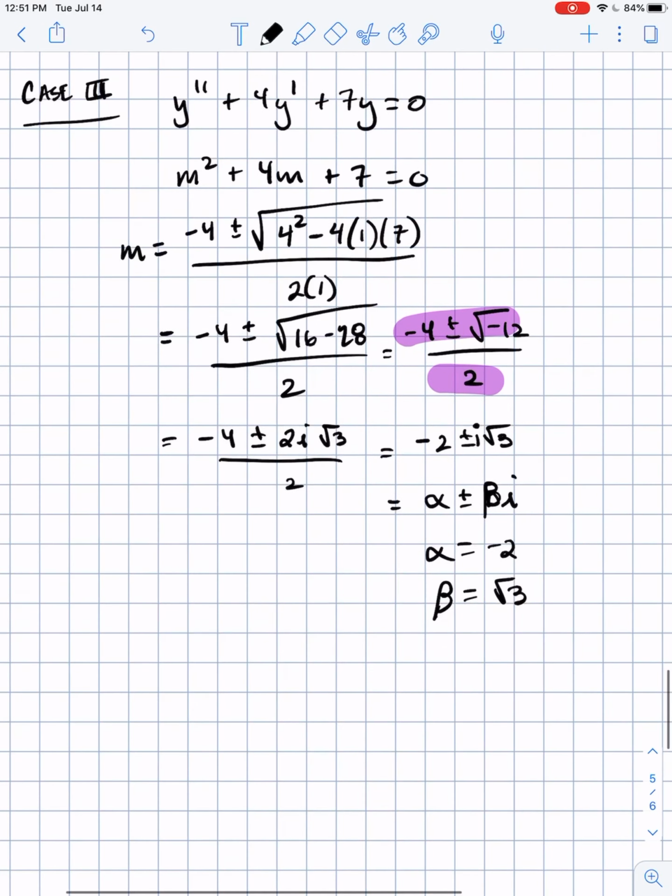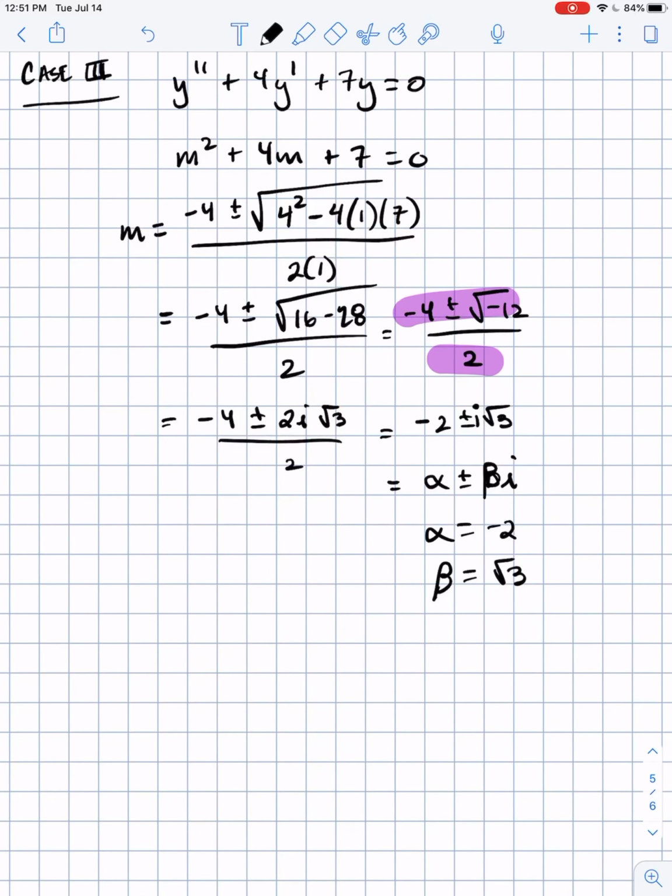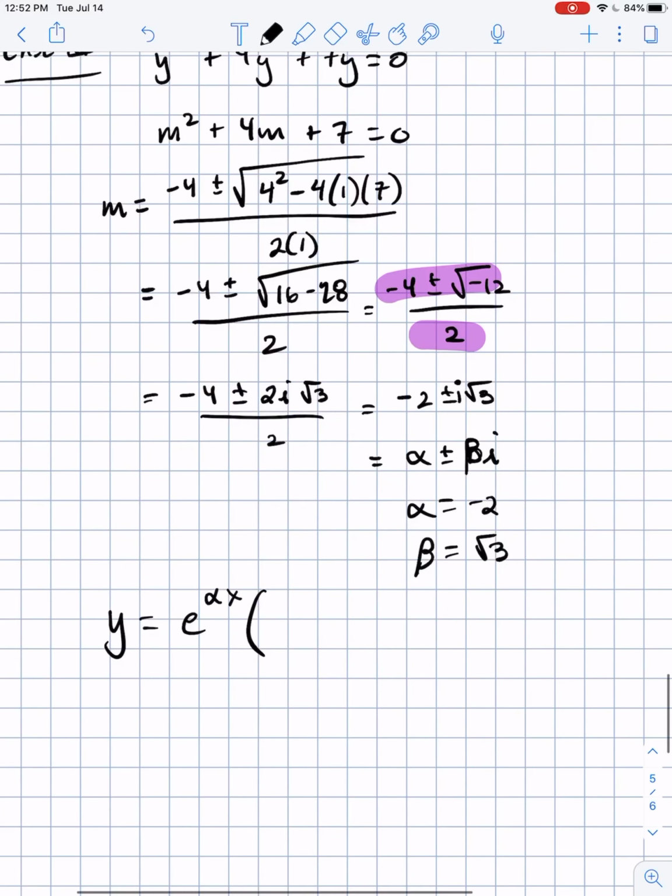So when you write your solution, it's going to look like this. y equals e raised to the alpha x, parentheses, c1 cosine beta x plus c2 sine beta x.